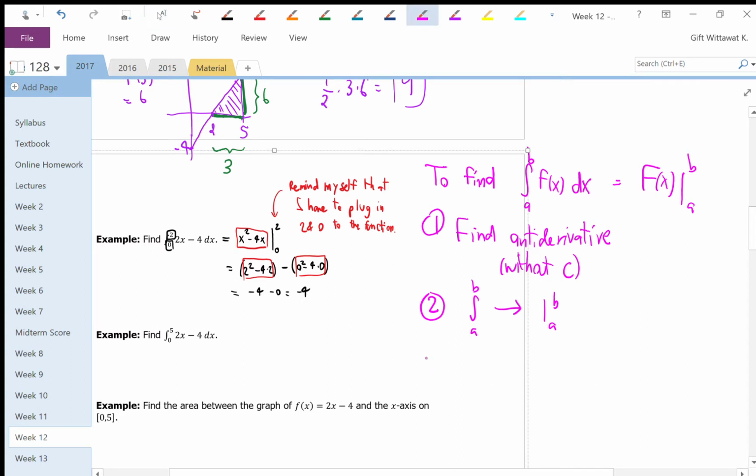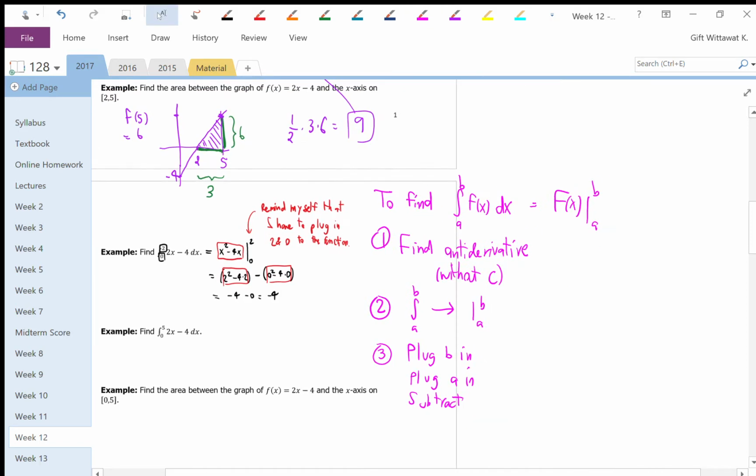And then after that, you plug b in, plug a in, and then you subtract the difference of the two. So these are basically the steps that we can use to find the definite integral of a function.